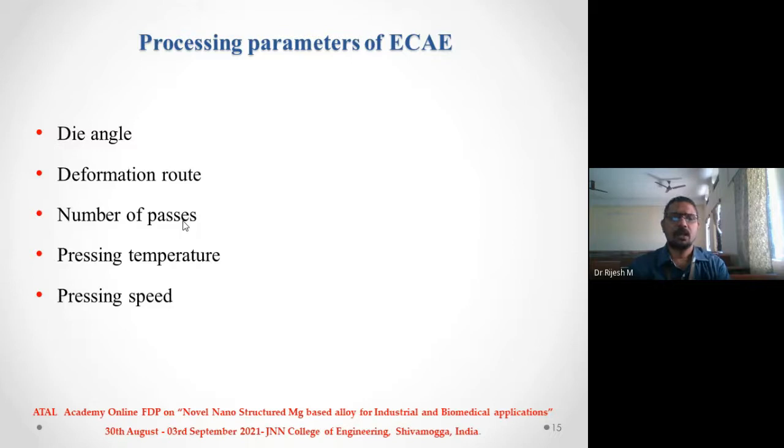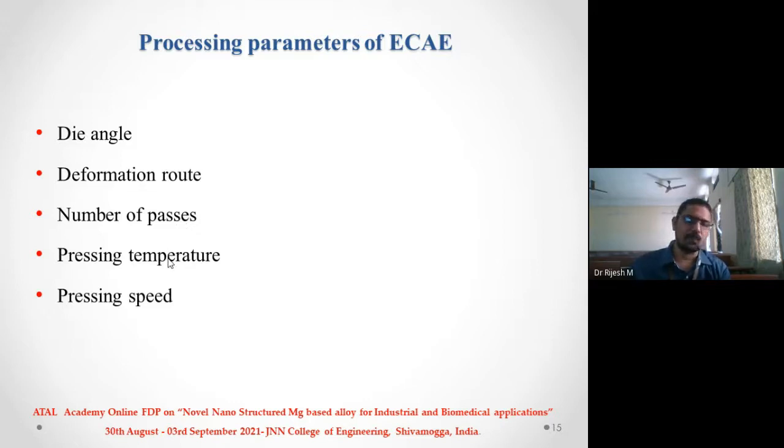Like I've told you, one of the major criteria for superplastic deformation is that the material should not crack down. When you go for this number of passes, the material is not supposed to crack. That's very important.